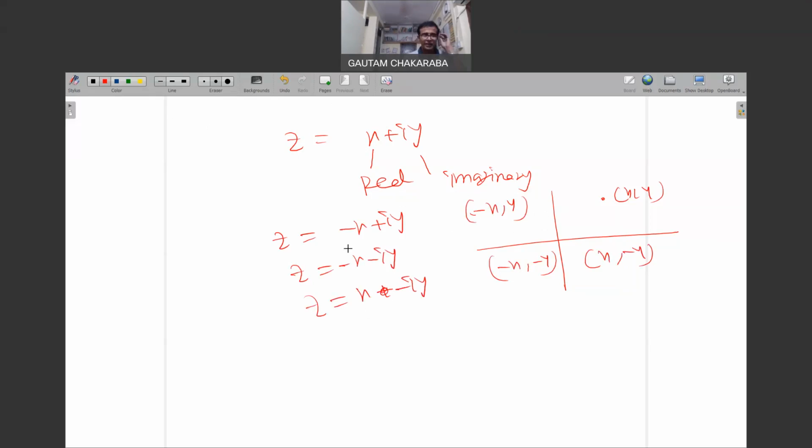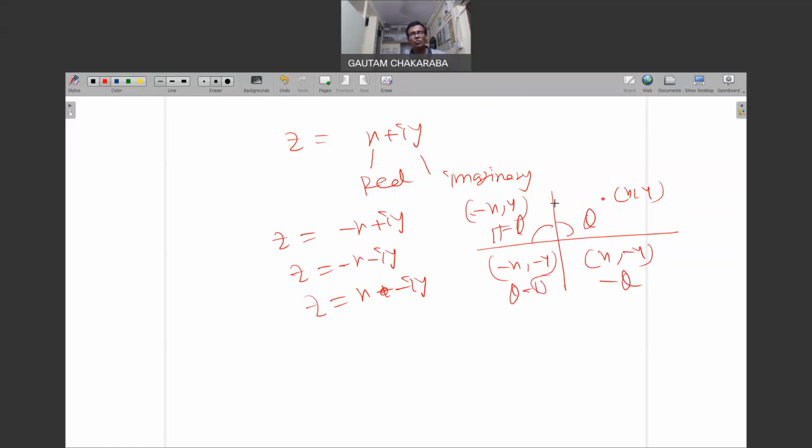So the Argand plane has a real axis and an imaginary axis, the same as the concept of coordinate geometry. And you know that this angle is theta and this is pi minus theta, this angle is theta minus pi, and this quadrant is minus theta.